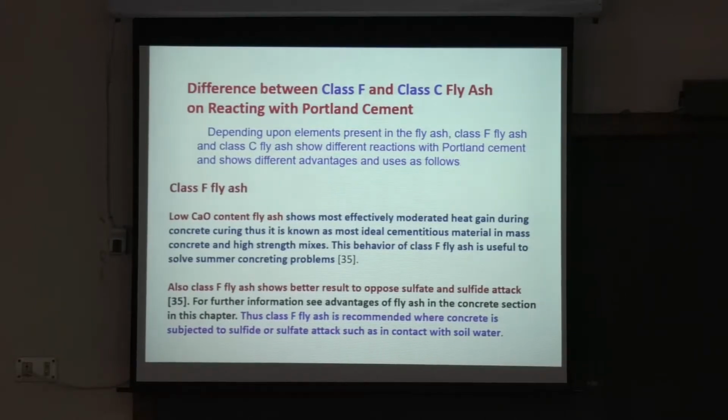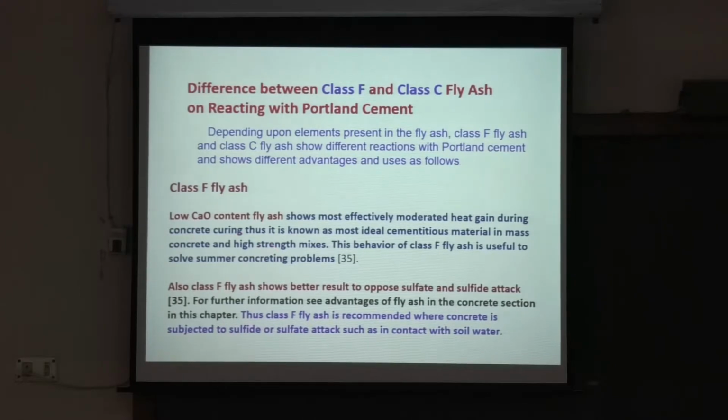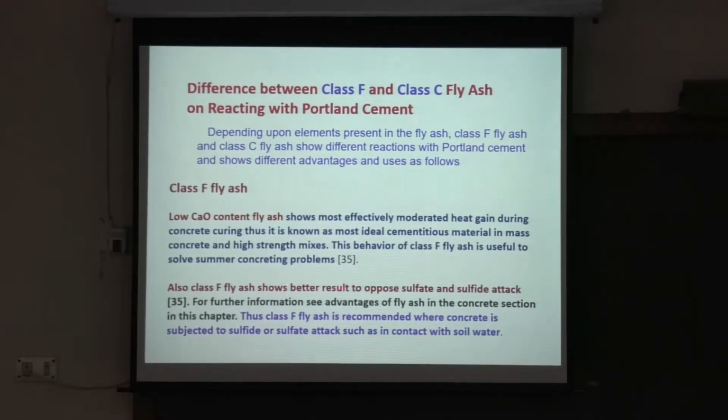If you say class F fly ash, it has low calcium oxide content and it shows most effectively moderated heat gain during concrete curing. Thus, it is known as the most ideal cementitious material in mass concrete and high strength mixes. So, low calcium oxide content fly ash is very useful.